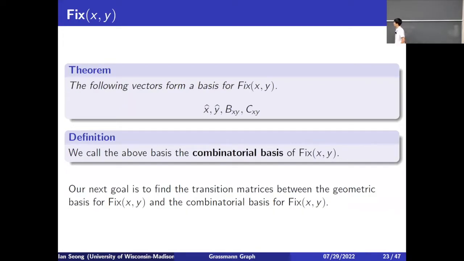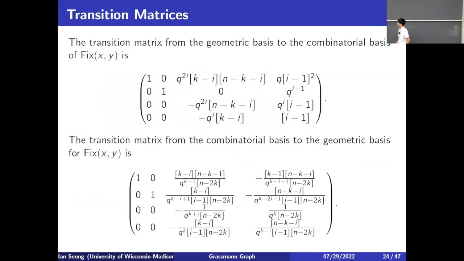Okay, now we can come up with another basis for fix XY, and they would be x hat, y hat, B XY and C XY. They actually form a basis for fix XY. And since we use the combinatorics to come up with this basis, we're just going to call these the combinatorial basis. Okay, now that we have 2 sets of bases of the same space, we can have transition matrices between these 2 bases. So that's going to be our next goal, and this is what it looks like.